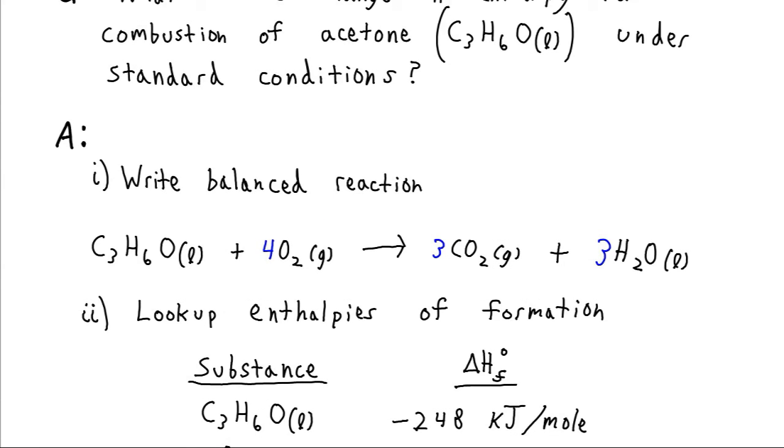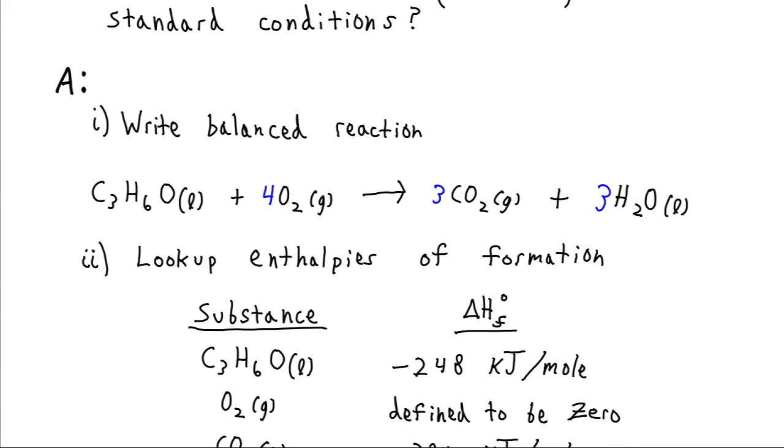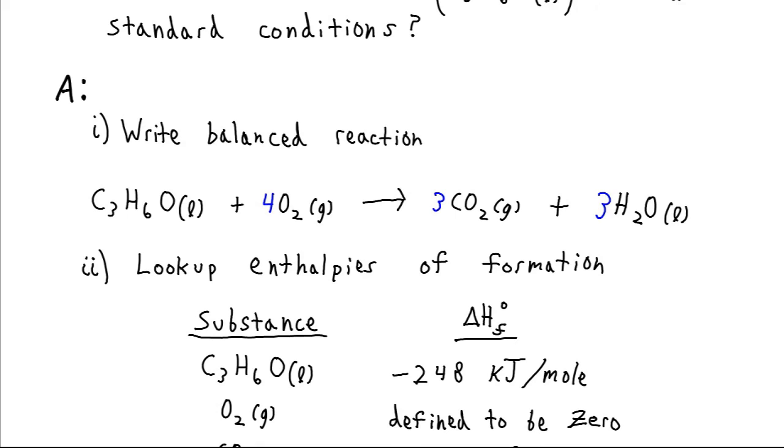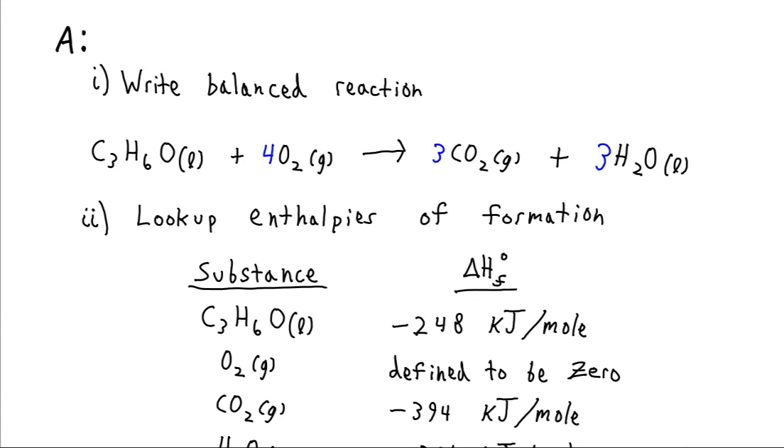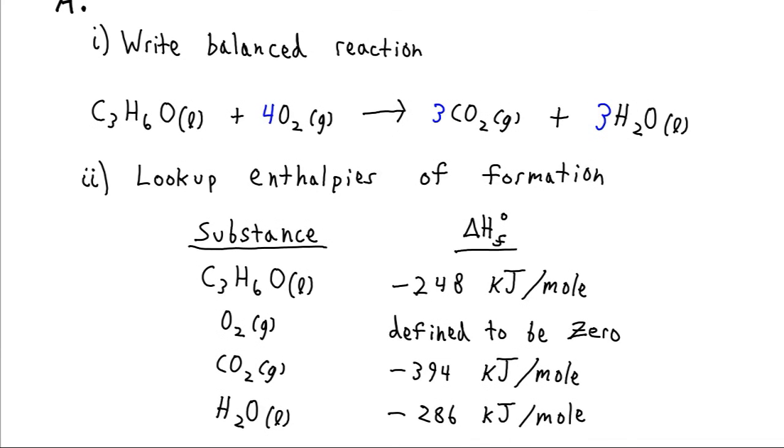We're not going to find it in our reference. And the reason we're not going to find it in our reference is because this is an element in its most common stable form, O2 gas. That's how we usually find oxygen. So that's just defined to be 0. And most references aren't going to bother to write it in. They're just going to assume that you know that. And we also look up the enthalpies for our carbon dioxide and our H2O. This is a gas and this is a liquid.